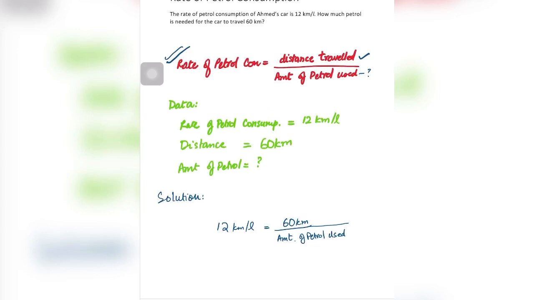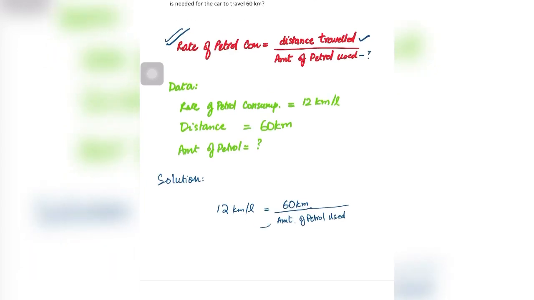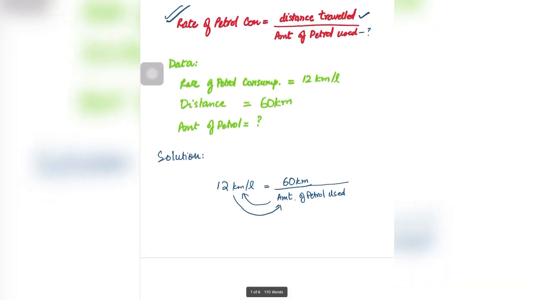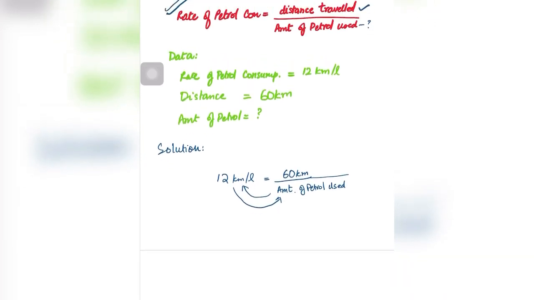So now what we are going to do, we are going to shift this over here and shift this over here. So now the equation becomes amount of petrol is equal to 60 kilometers upon 12 kilometers per liter.